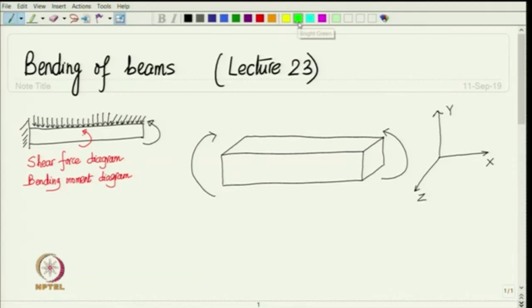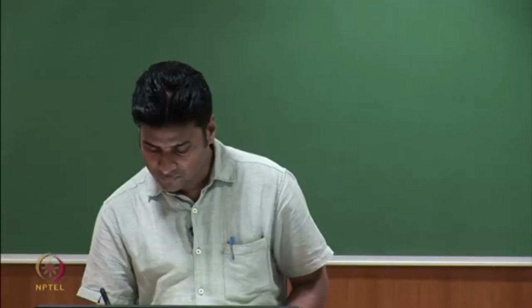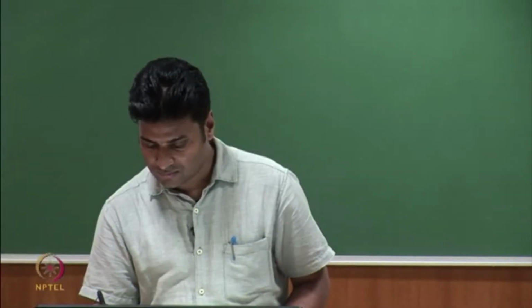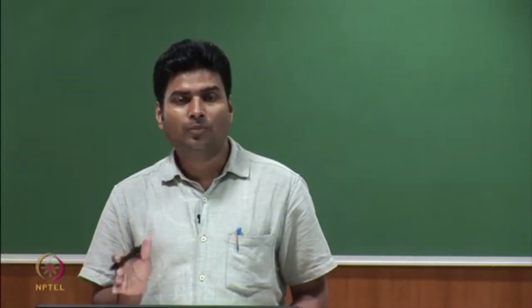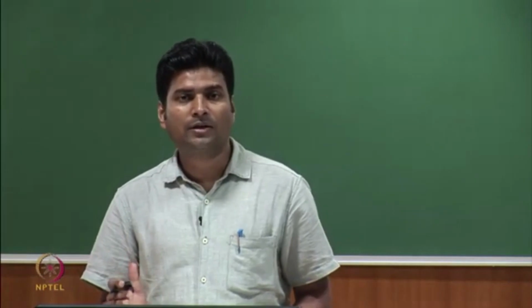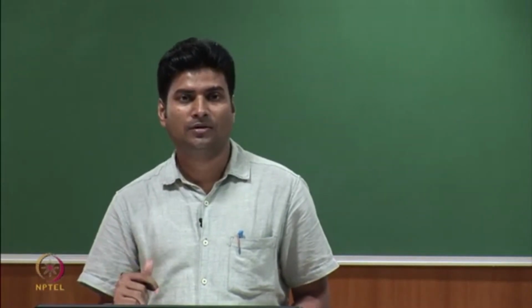So, over the right cross section here, the moment that we are applying is along the z axis. Okay. So, we can call this as m z, and it is acting in the positive z direction. So, this is the positive x plane, and on the positive plane the moment is acting in the positive z direction.